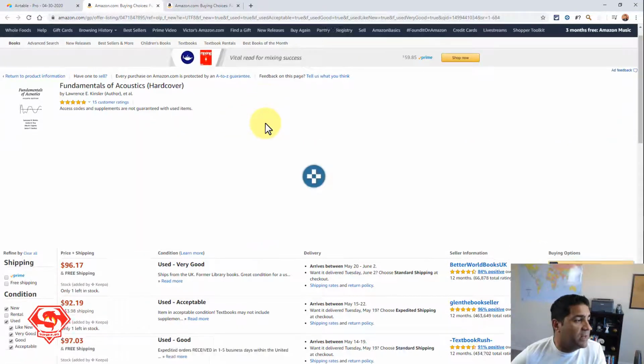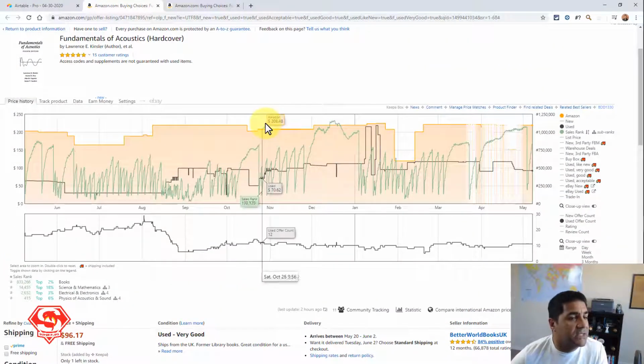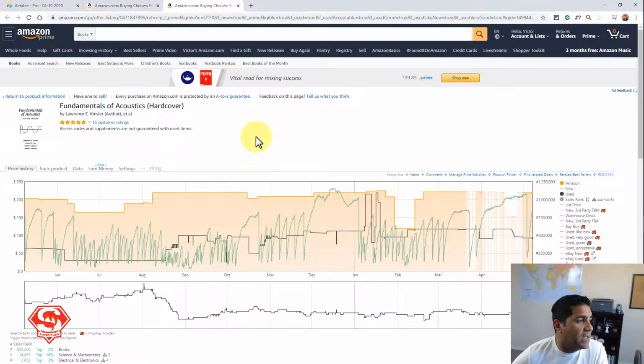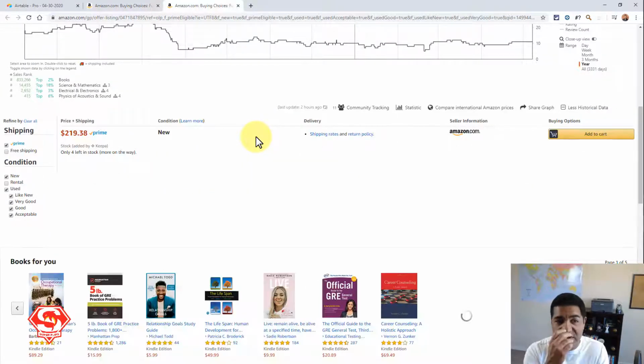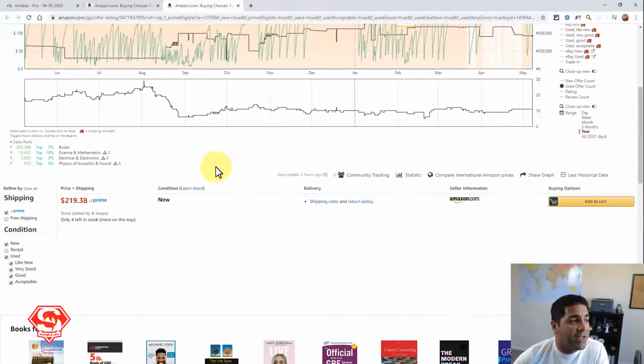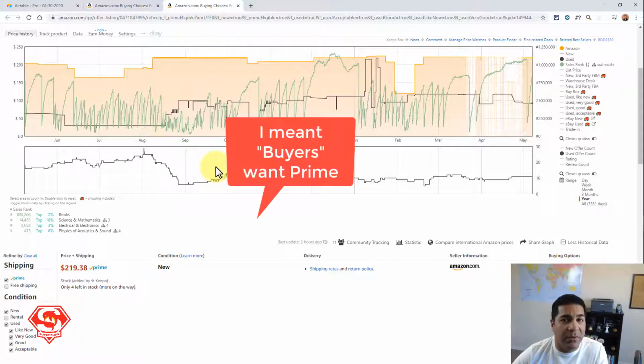So the lowest one, wow, this is an expensive book. Fundamentals of Acoustics. All right, so it's $96. There's only one seller, and that's Amazon Prime, new. So here's where you get it a lot. Oftentimes, if you were to sell this book used, whatever the price, $160, let's say, sellers go in, they want Prime.